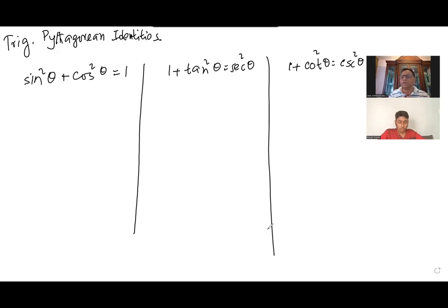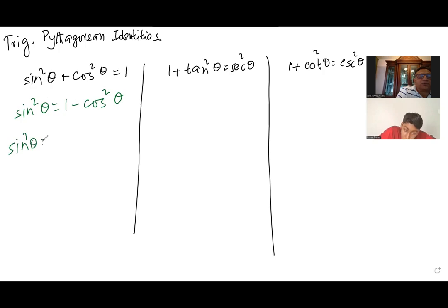Now let us see in different types of questions how we apply these basic identities to prove more identities. That's the whole strategy. Let's look into the very first identity, which is sine squared theta plus cos squared theta equals 1. I can always write this as sine squared theta equals 1 minus cos squared theta, correct? Yes, sir. So that becomes a related identity. I could also write this as what?